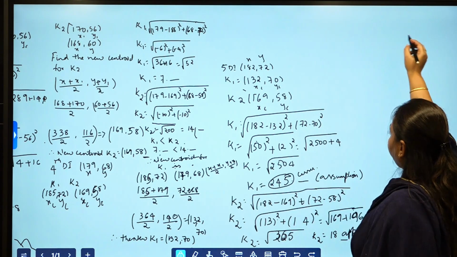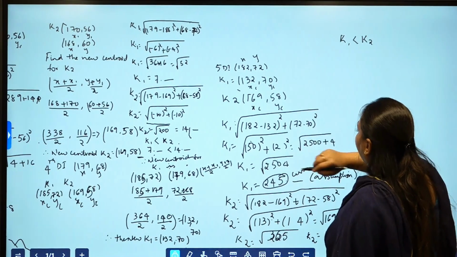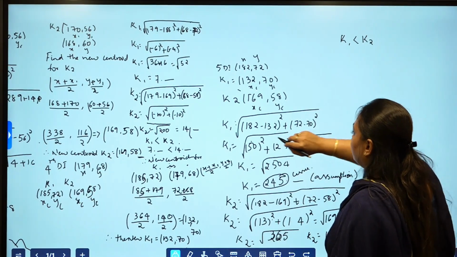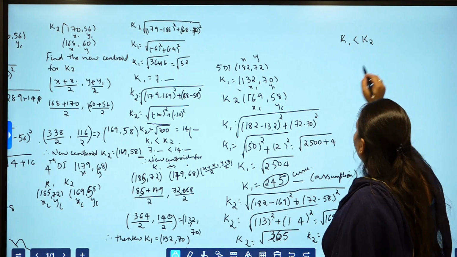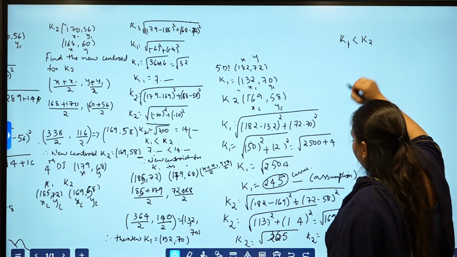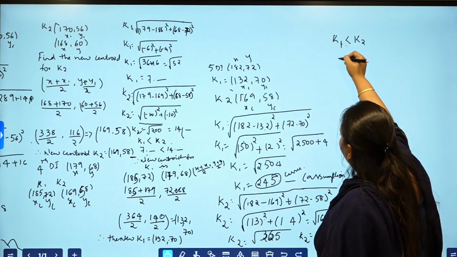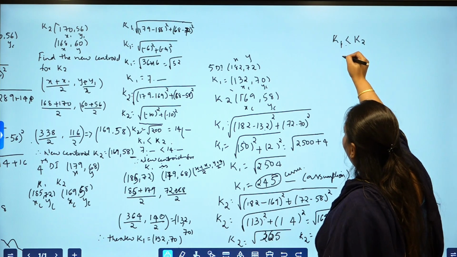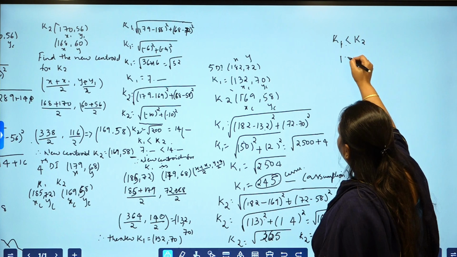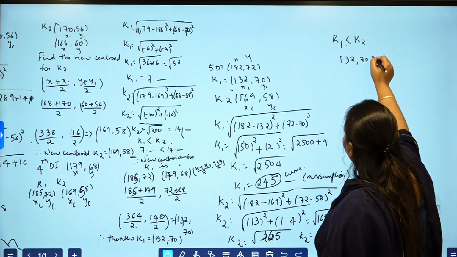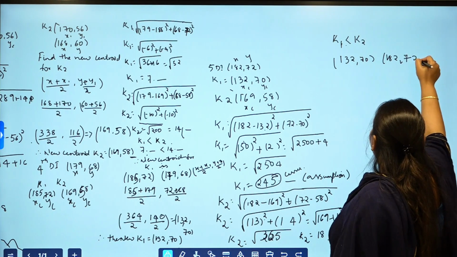So now for me K1 is less than K2. If you calculate, you will get it. K1 is less than K2. So when K1 is less than K2, what will happen? Now I need to find the new centroid. The old one is already 132 comma 70. The new one is 182 comma 72.